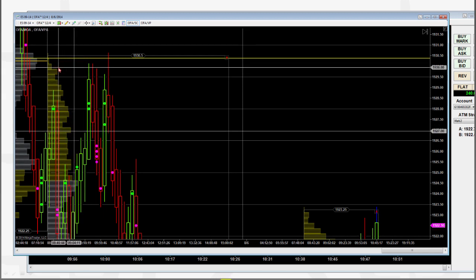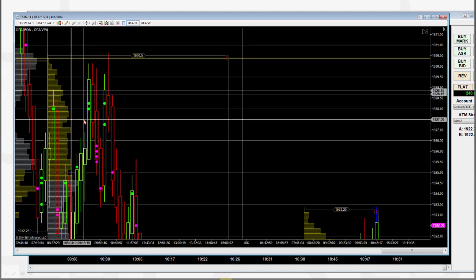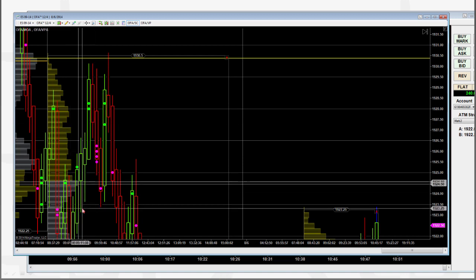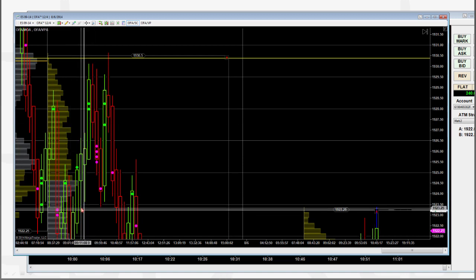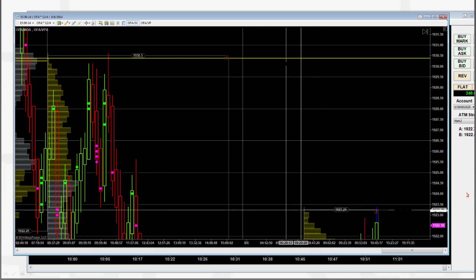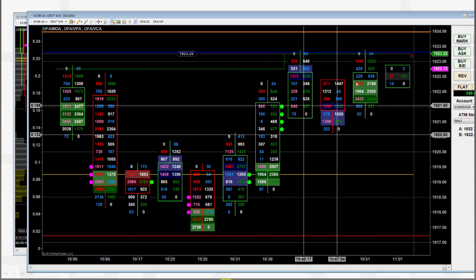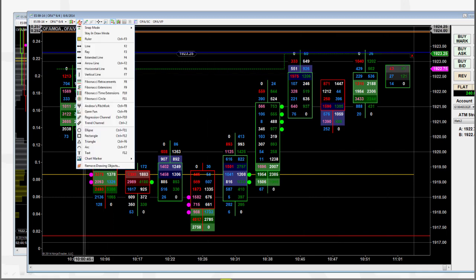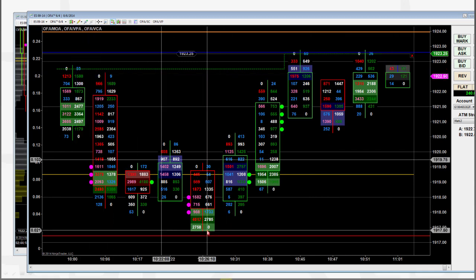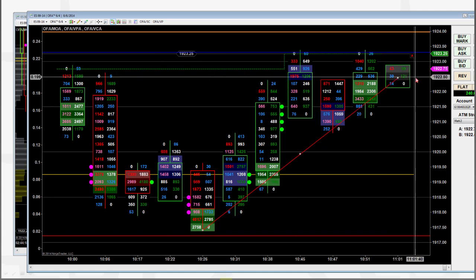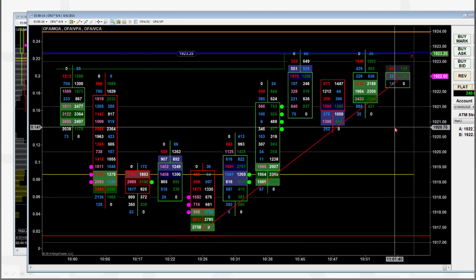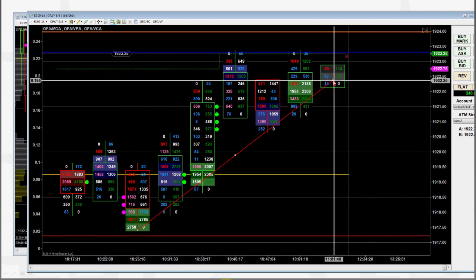And now, the other thing that we can do is take a look at this move where volume is coming in. If I move this back a little bit, we can see certainly a little bit of trend. This would support, this is how we start using our volume clusters to support our trade.